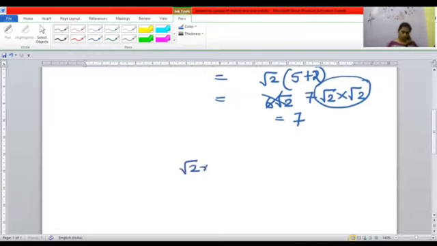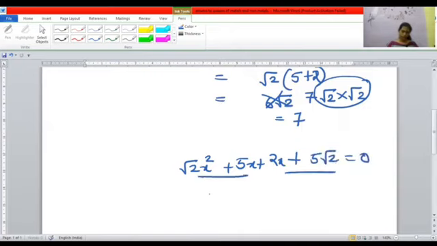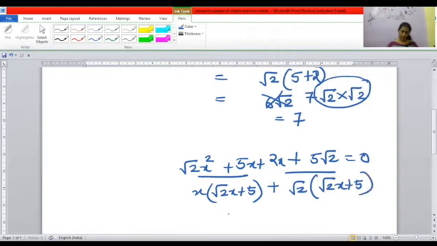So it is root 2x square plus 5x plus 2x plus 5 square root 2, which is equal to 0. Take the common. So x plus 5, then square root 2, root 2x plus 5.